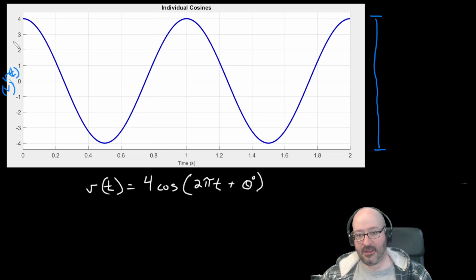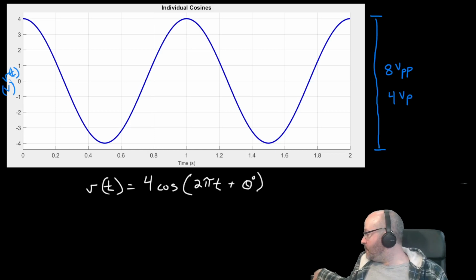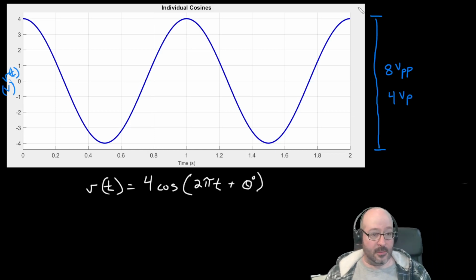We can measure this distance. We start at 4 and go down to -4, so that's a distance of 8 volts. Sometimes you'll see that as 8 volts peak to peak. Now, the voltage peak, we just take that and divide by 2, so we can talk about it as 4 volts peak. Those are two ways we can talk about the vertical size of this cosine.